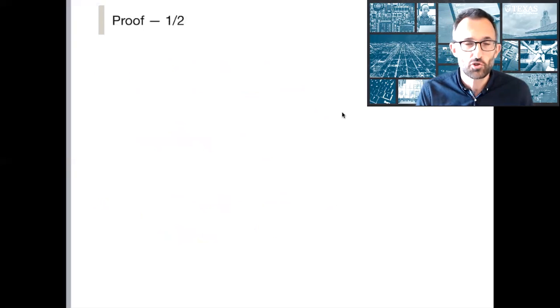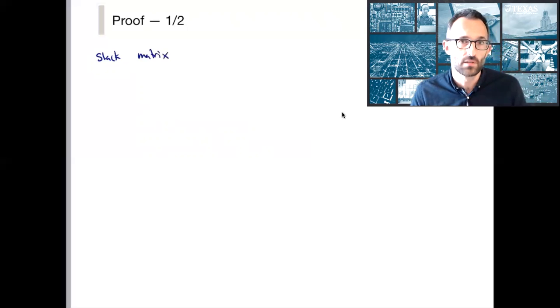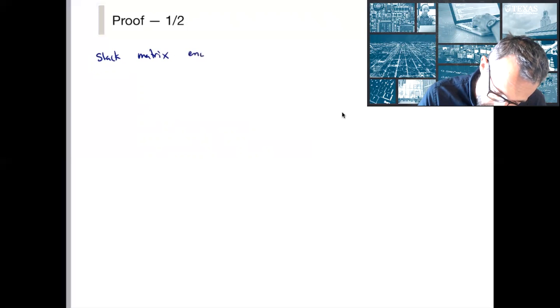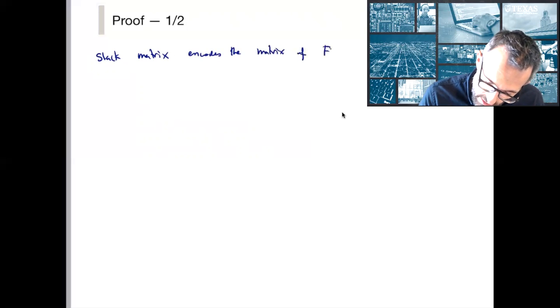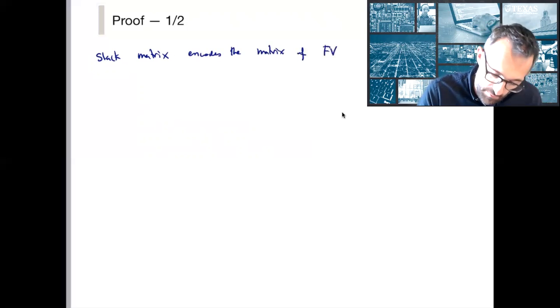So let's get back to this lemma and let's prove it. We're going to give two proofs, and the first proof uses the slack matrix. Now the reason that the slack matrix is natural is that the slack matrix encodes the matrix of the face vertex problem.